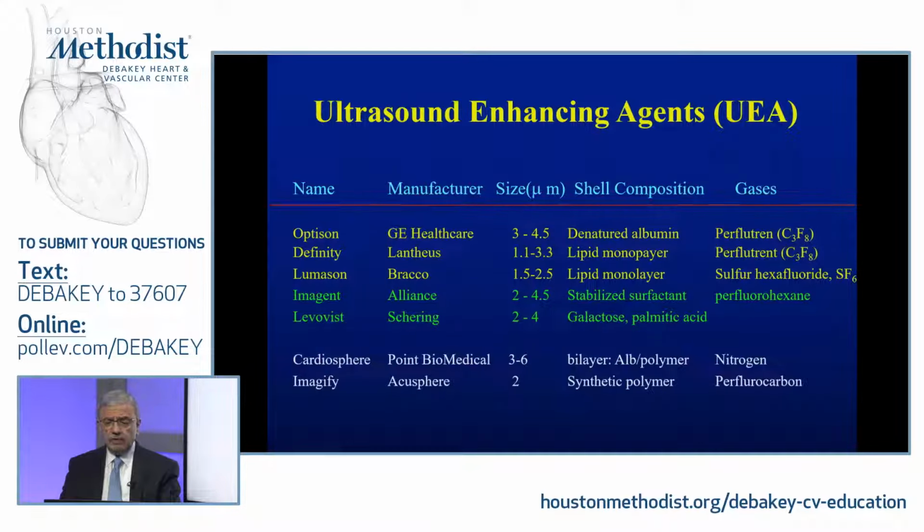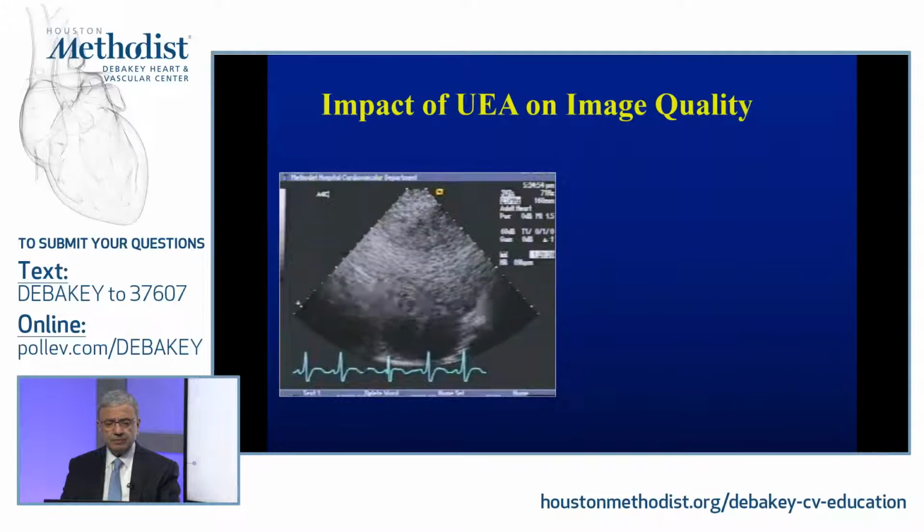In yellow are the agents that are available for use in the United States, and you could see their size. They are certainly less than 10 microns, in between 1 and 4 or 5 microns. The shell composition, either albumin or the newer ones, lipid monolayers, and the gas is usually a perfluorocarbon or sulfur hexafluoride, a gas that is inert and also very safe to use.